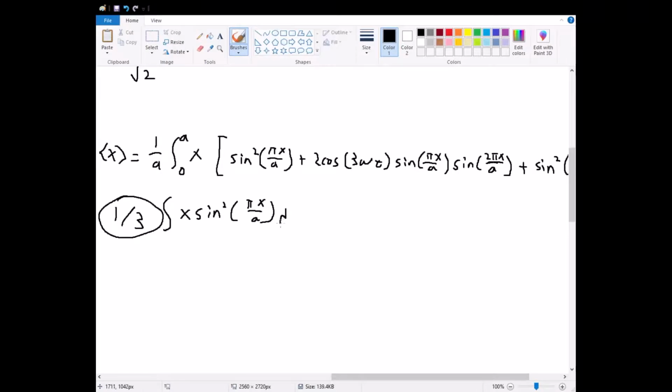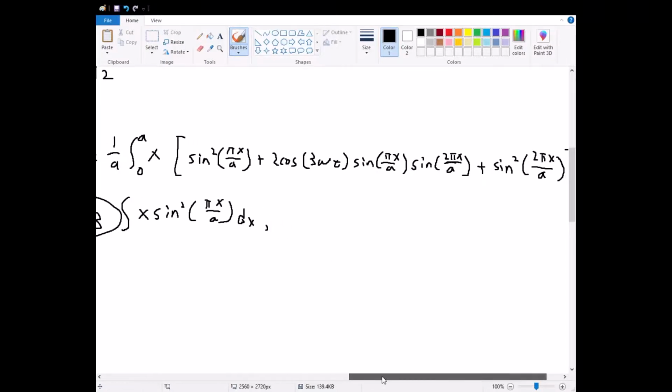So we have an integral of this, and then we have an integral of x sine squared times 2 pi x over a times dx. And the way to solve these two component integrals is the exact same thing.